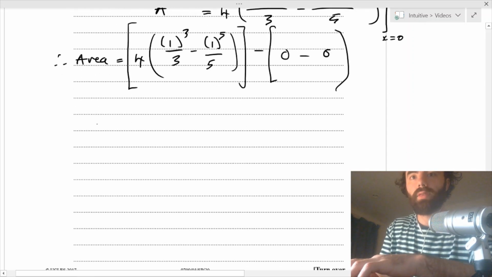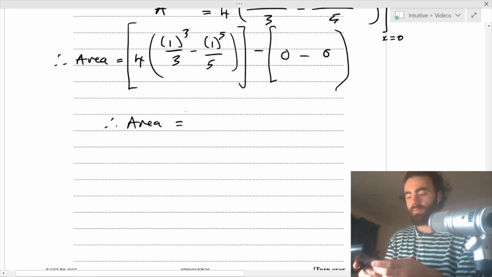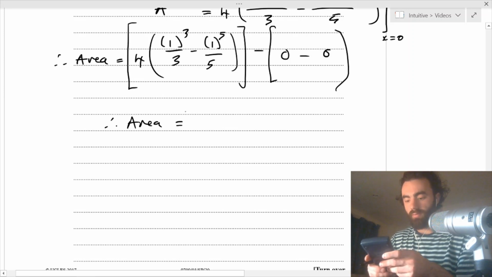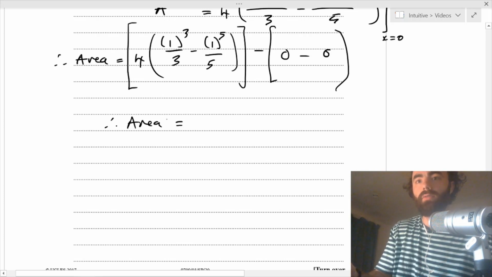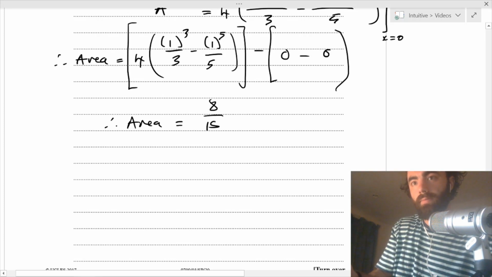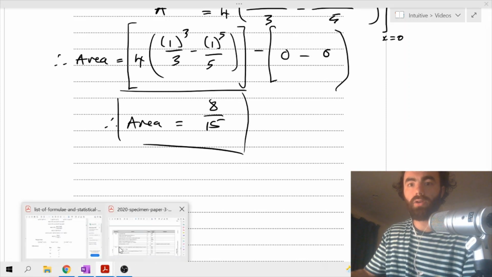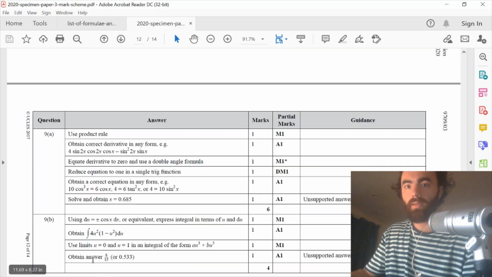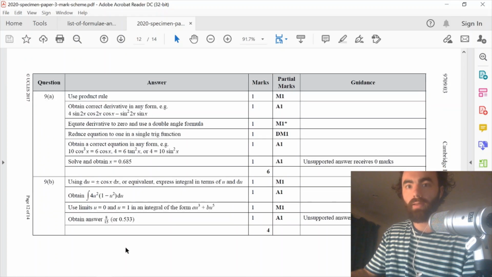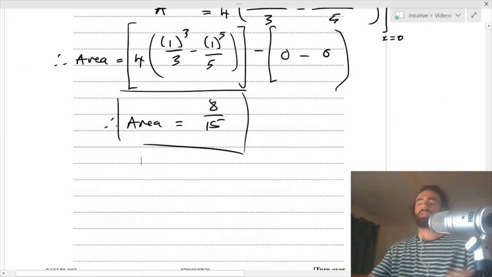So the area under that graph is 1 over 3 minus 1 over 5, times 4. So this is 8 over 15. That's the area, hopefully. Let's look. Yep, 8 over 15 right there. Sweet! Perfect.